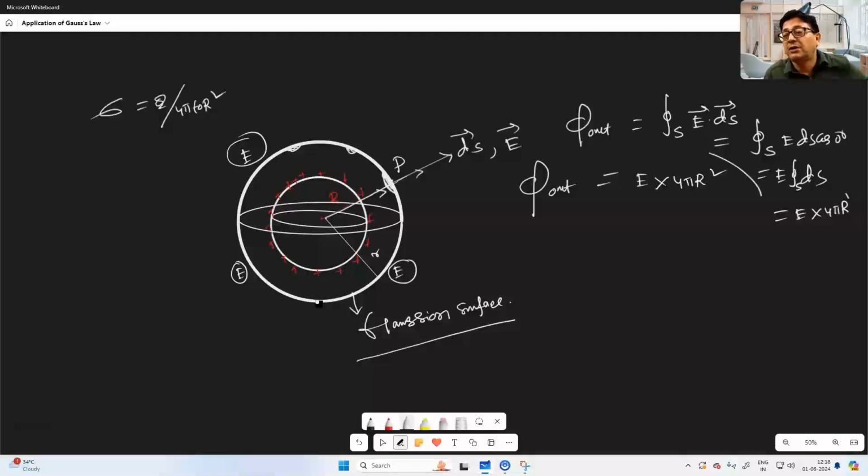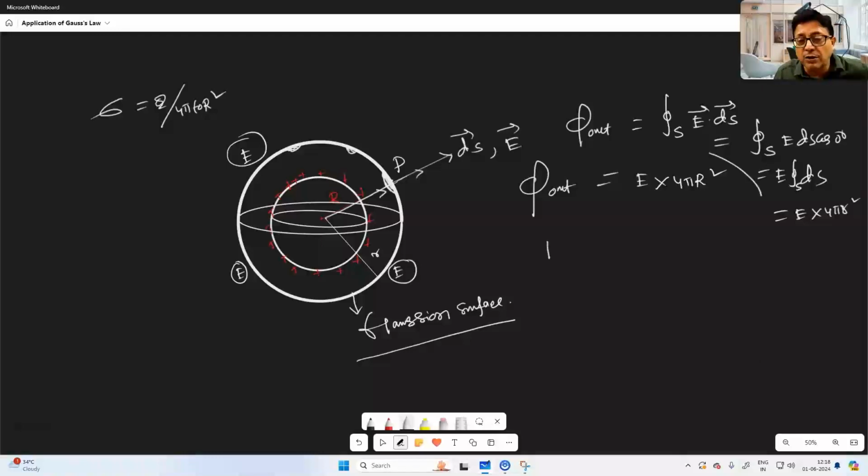But this is not the surface area of the inner one, it will be the outer one. The outer one has radius smaller r, which is variable over there. So take that only, E into 4 pi r square. Clear? So phi out is equal to E into 4 pi r square.